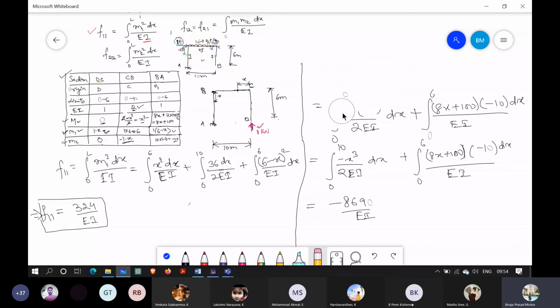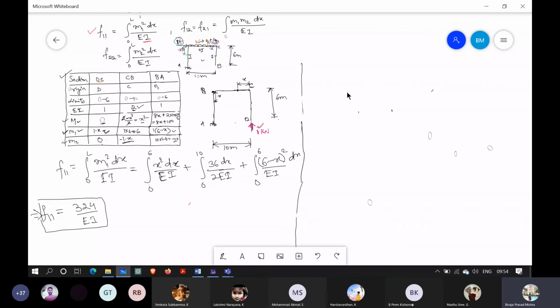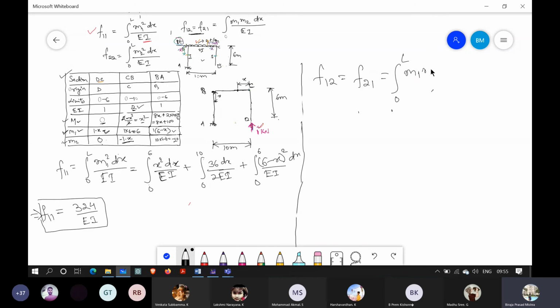So I'm doing it here. Okay. So next is f12 and f21. f12 equals to f21 equals to integration 0 to L of m1 m2 into dx by EI.